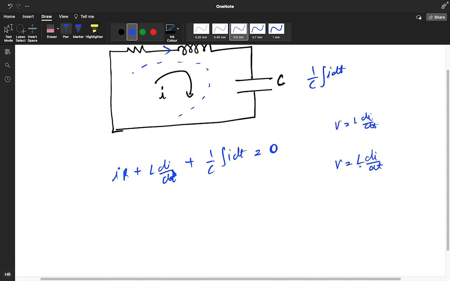And I is equal to C dv by dt, right? I is equal to C dv by dt. So if you know these things, you can do the calculations. How you can do the calculations, I will tell you.